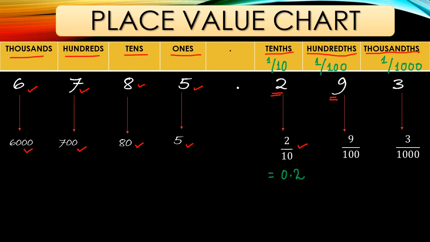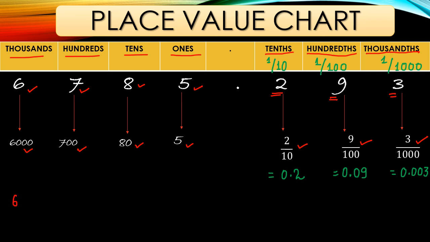So the place value of 9 is 9 upon 100, which is equal to 0.09. Similarly, the next digit 3 is at the thousandth place. So the place value of 3 is 3 upon 1000, which can also be written as 0.003.